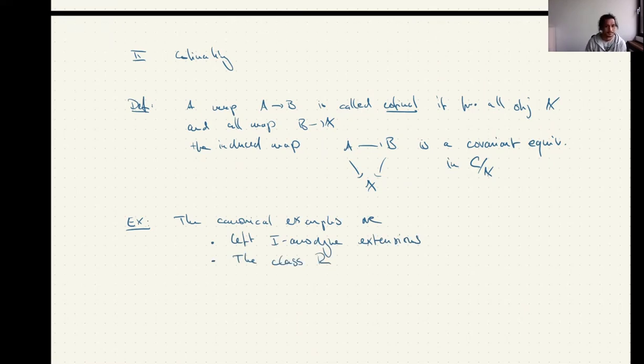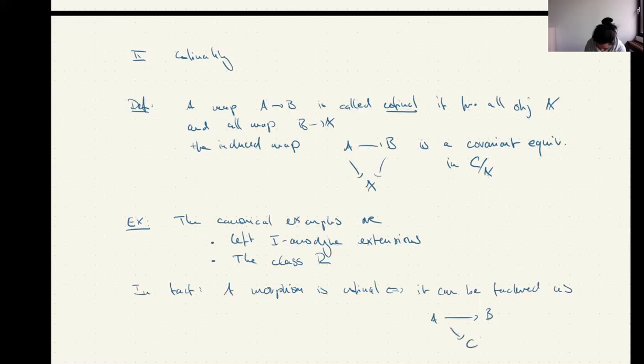In fact, these are in some sense all the examples. So a morphism is cofinal if and only if it can be factored, if we're taking this example A to B, as a left anodyne extension followed by some map in the class R.